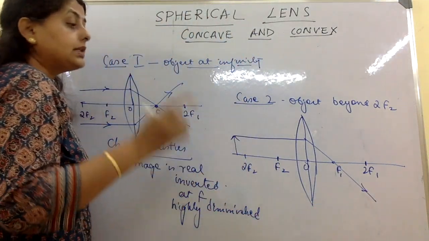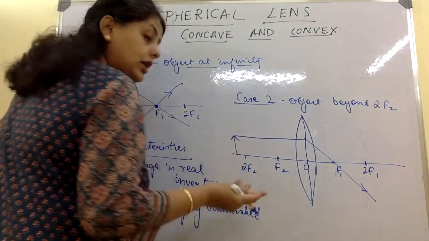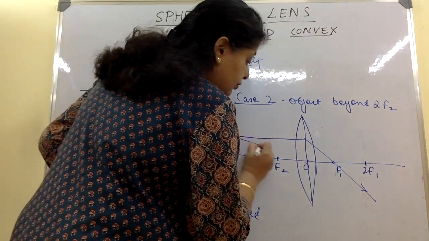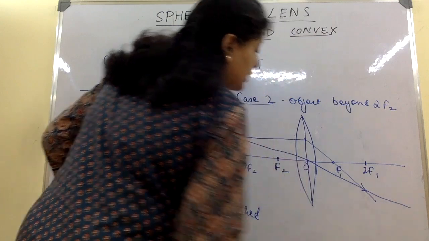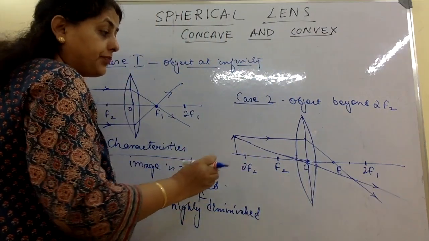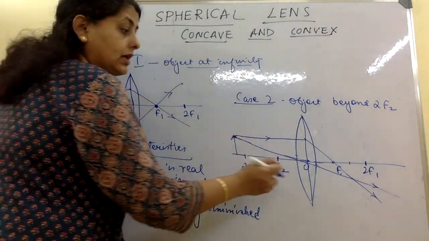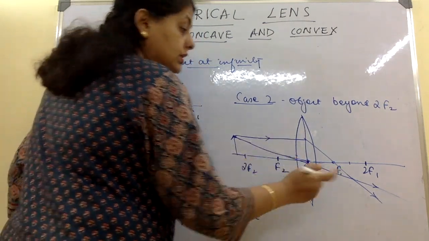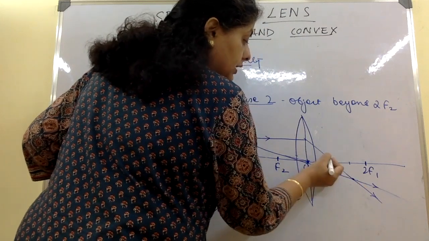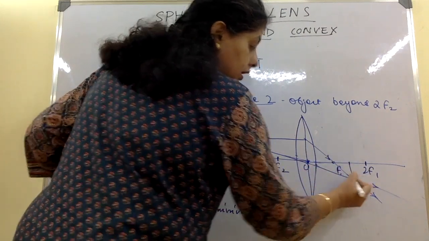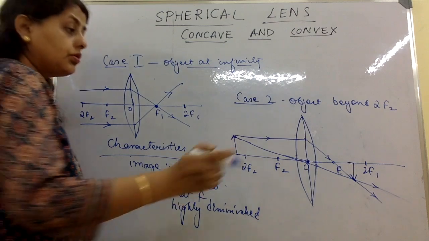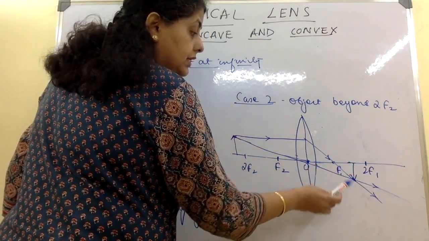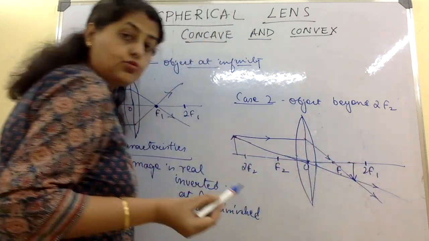The other ray, अब जो थर्ड रूल था उसको फॉलो करेंगे, will pass through the center of curvature और अभी ये जो रे है ये जा रहा है थ्रू O. ओके, इट इज पासिंग थ्रू O और O से जाने से ये मीट कर रहा है पहले वाली रे को इधर एंड द इमेज इज फॉर्म्ड. So it meets here and the image is formed here, that is between F1 and 2F1.